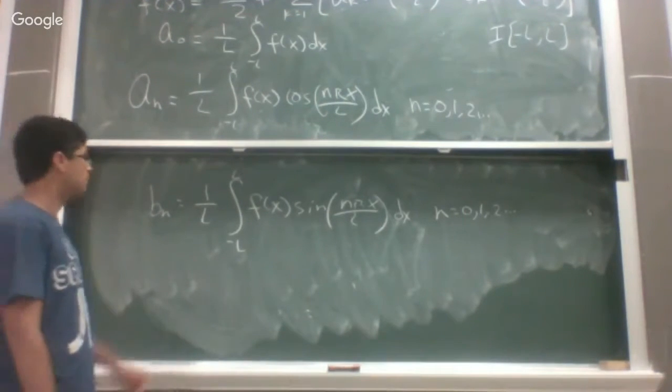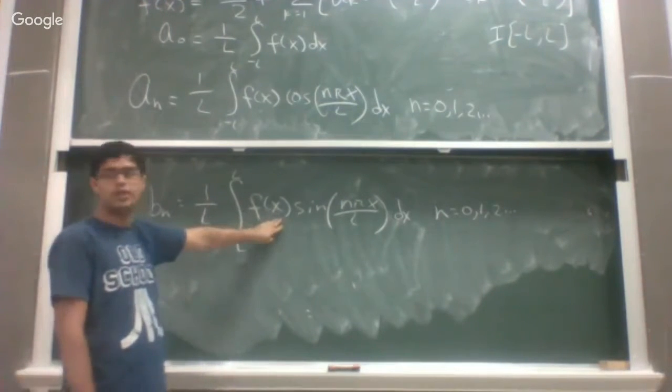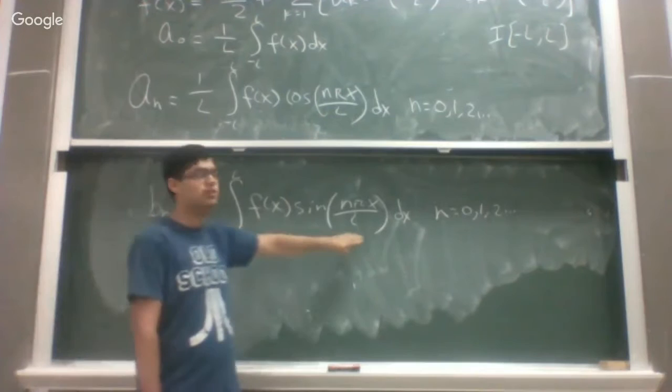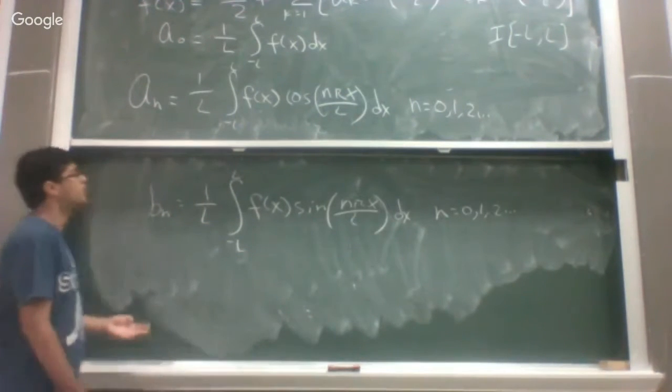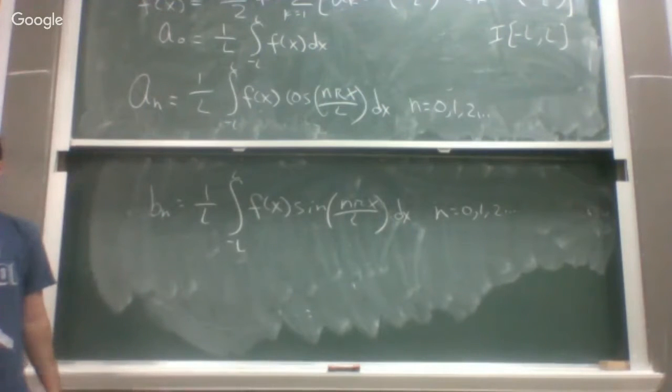Yeah, because you can do b sub n with it. You put say cosine of x here, but then your answer will come out to be 0. So essentially, if you know it's an even function, you just need to find a sub naught and a sub n. Did that make sense? Yes.